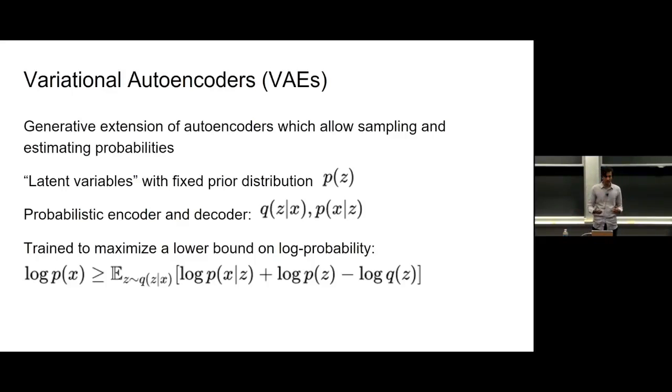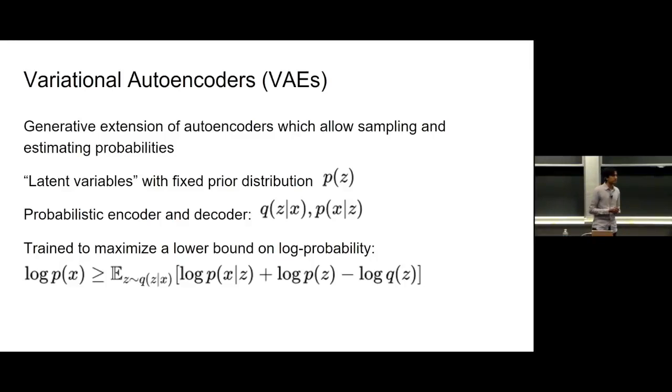And in doing all of this, I won't go through the derivation, but they manage to build a model that looks very much like an autoencoder, but that has clear semantics as a generative model. And it ends up learning better representations than a standard autoencoder. And interestingly, you can sample from the density function that it learns now. So you can use it in all the ways that you can use a typical generative model, even though it is, in terms of its architecture, very much like an autoencoder.